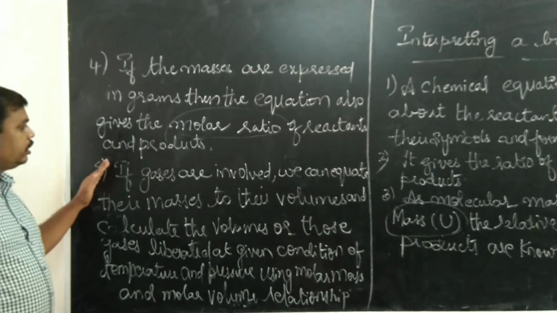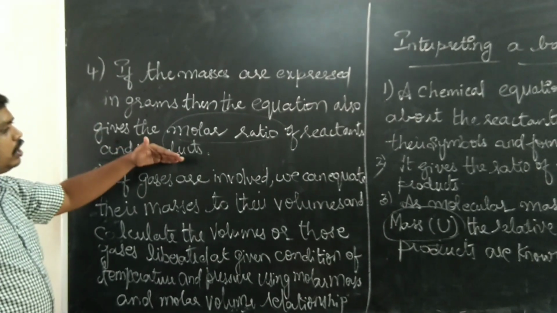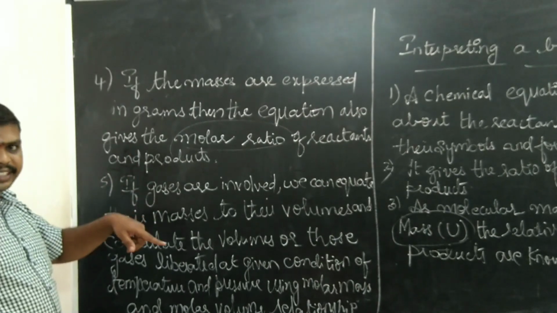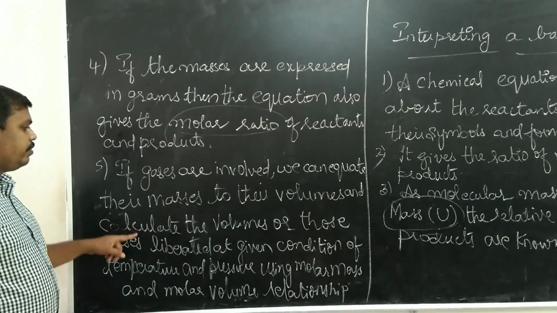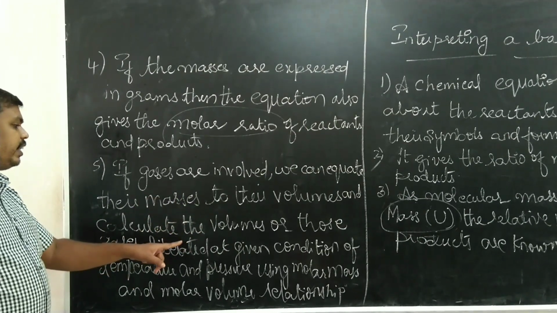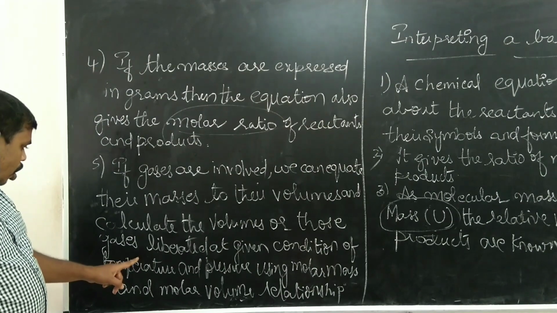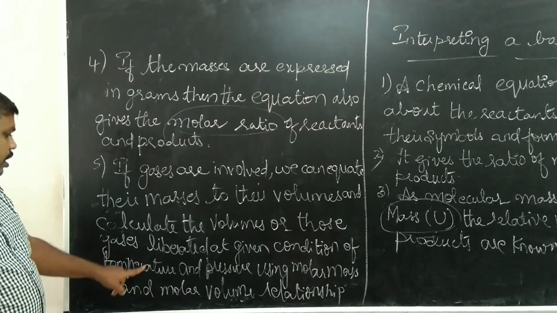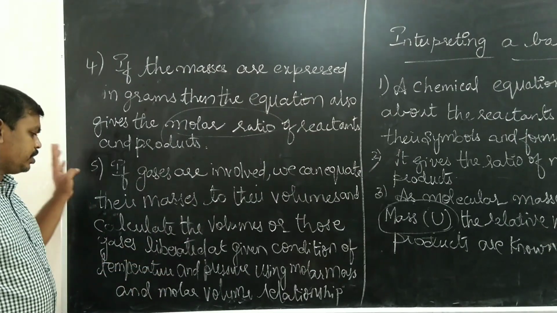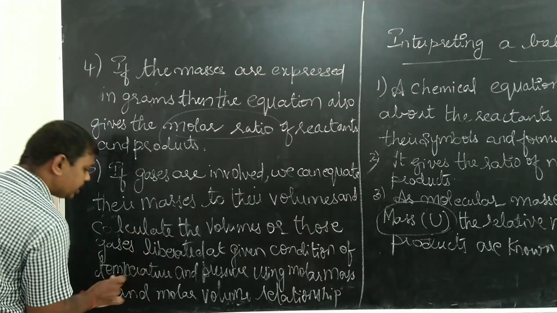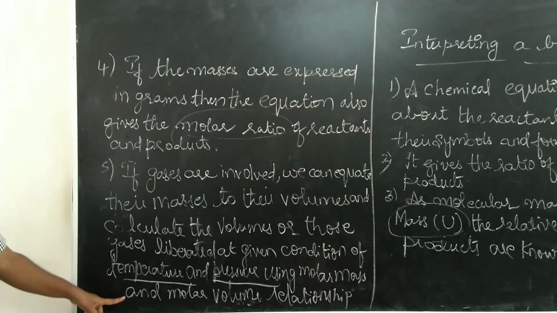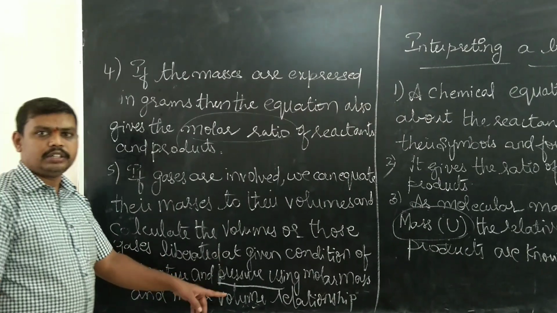Coming to the next point, if gases are involved, we can relate their masses to their volumes, and we can calculate the volumes of those gases liberated at a given temperature and pressure using the molar mass and molar volume relationship.